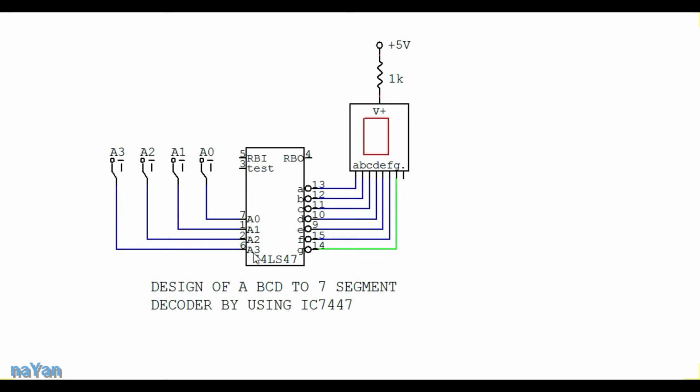There are 4 input pins where we provide our BCD input, that is A0, A1, A2 and A3. The pin numbers are given here. Pin numbers are 7, 1, 2 and 6 respectively. The 7 segments are A, B, C, D, E, F and G. So these pins are connected to the proper pins of the 7 segment display.